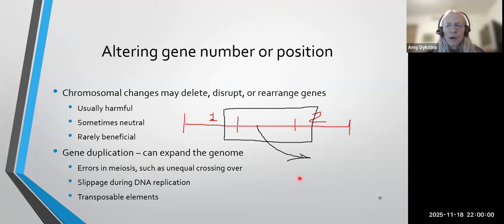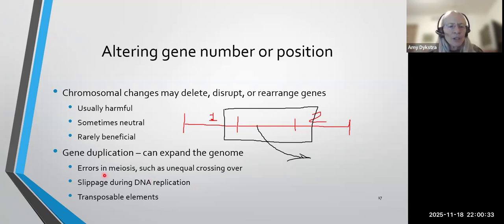During crossing over, if there's a mismatch in where the chromosomes cross over, sometimes there can be an unequal crossing over, and sometimes instead of equal sections of chromosomes being switched between the two homologous chromosomes, there's a gene missing that gets switched over, and so one chromosome will be missing a gene, and another chromosome will have an extra gene.